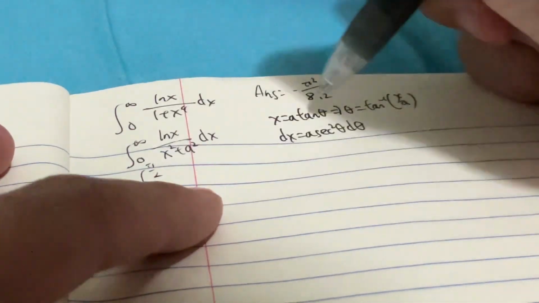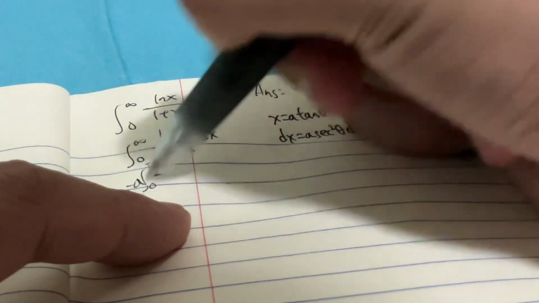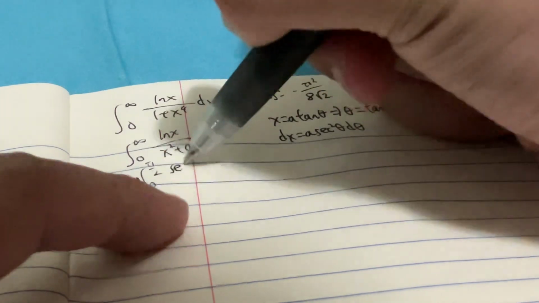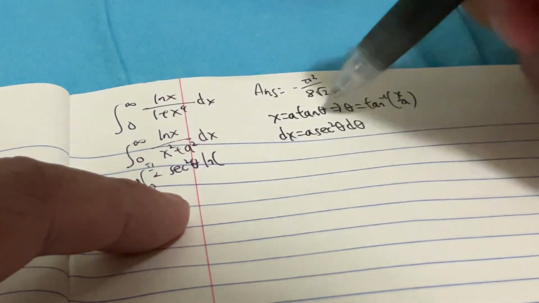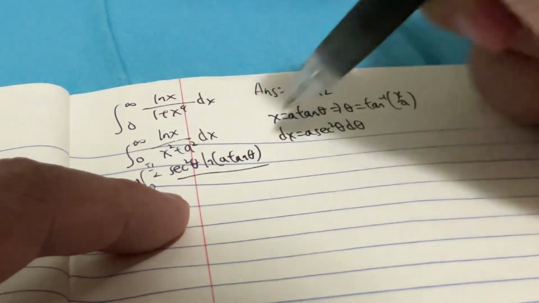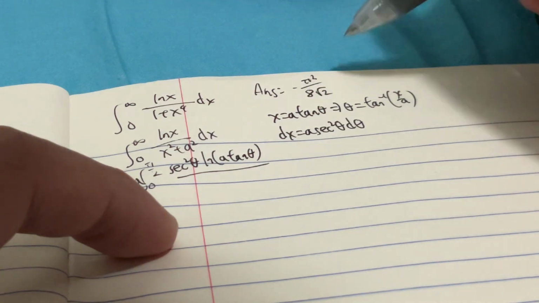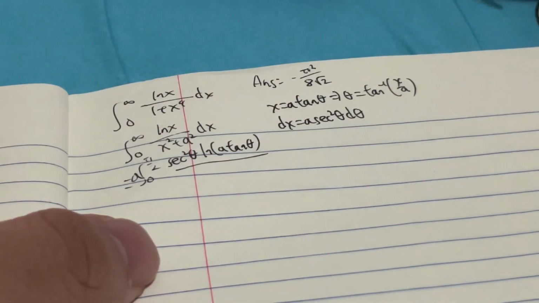The constant a, you can put outside the integral. Then secant squared theta times ln x, which is equal to a times tangent theta. And at the bottom, x squared is a squared tangent squared theta.